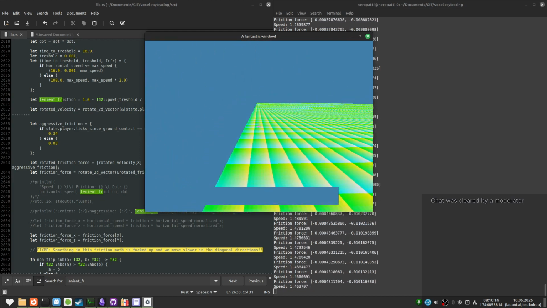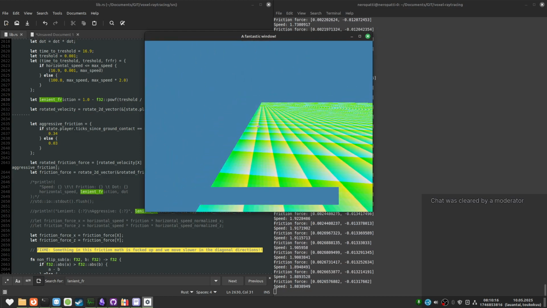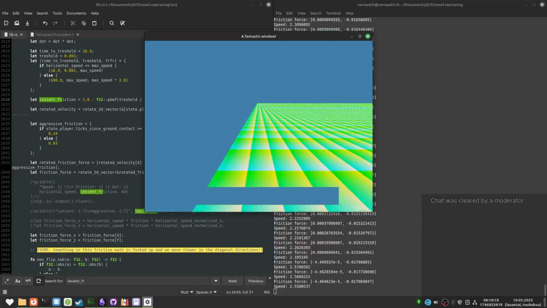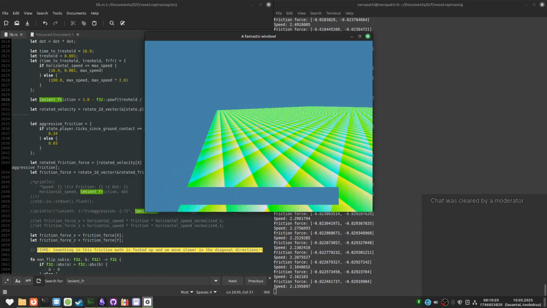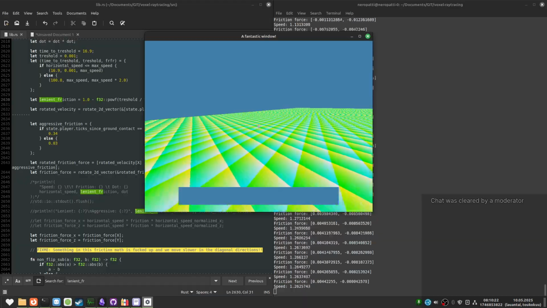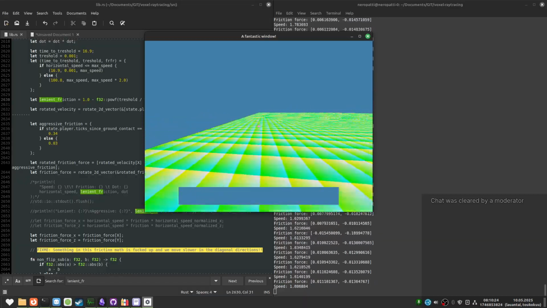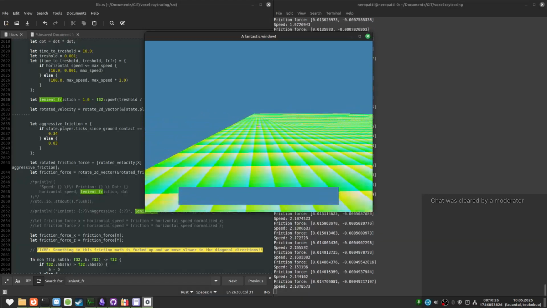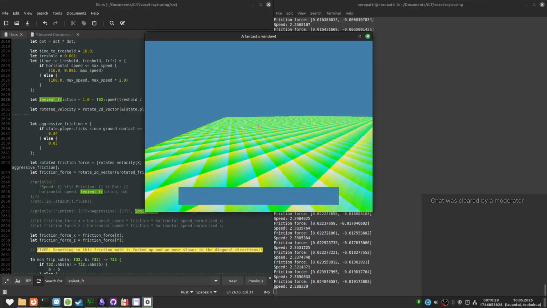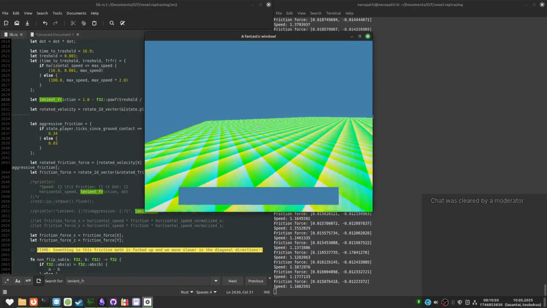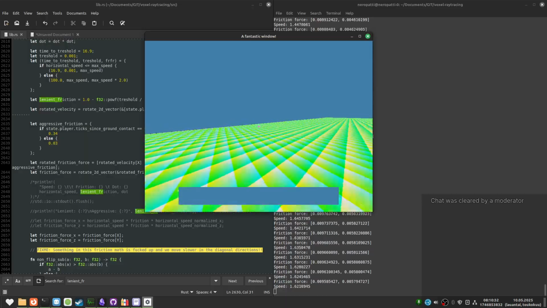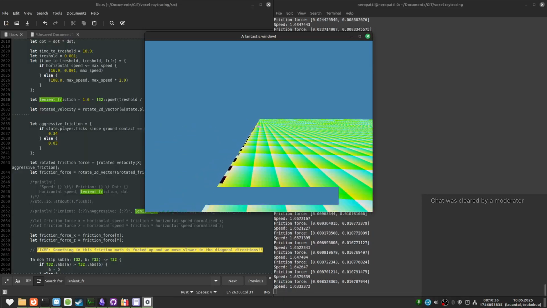Does it feel correct though? Can go this direction. Yeah. It felt very strange. It's like I'm locked on this axis.